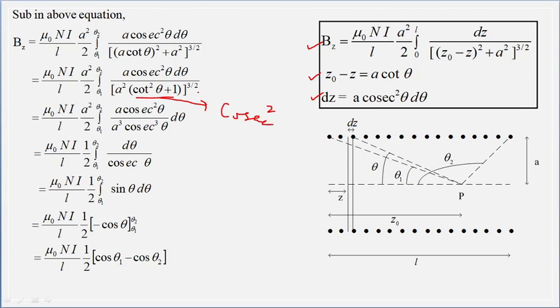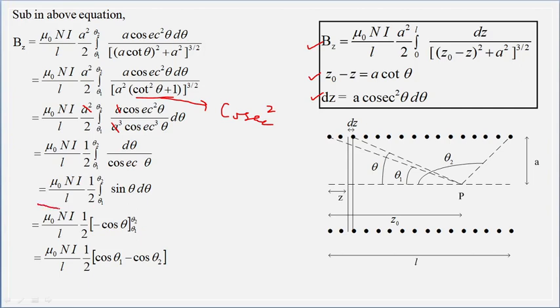Raised to 3 by 2 means 2 and 2 cancel, so you will get cosec cube here. Then this cosec square will cancel with this. What will remain is a and a cube, that is a square, so this a and this a cube will cancel, and only one cosec will remain. So cosec square by cosec cube gives 1 upon cosec, which is sin theta.